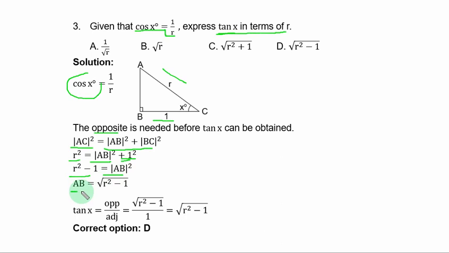Now, to get AB, you need to take the root of both sides, and you have this result. Now all the sides of the triangle are known, and tan s is opposite over adjacent. Opposite is square root of r squared minus 1 over 1 adjacent, and that simplifies to square root of r squared minus 1. D is the correct option.